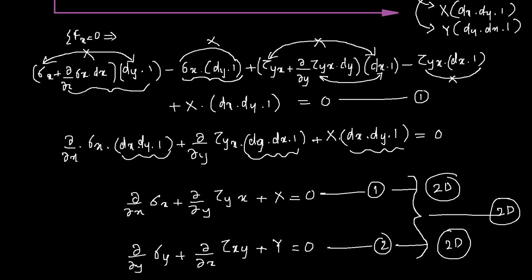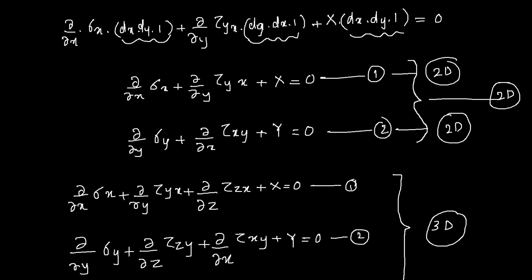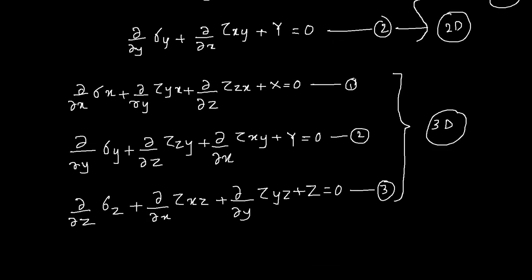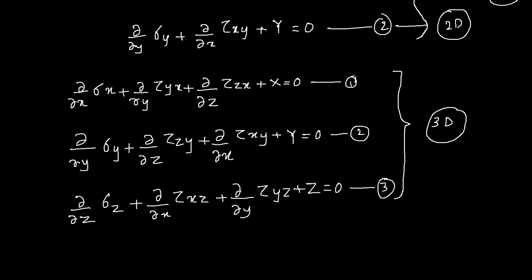And following on from the 2-dimensional cases, we can also write the three-dimensional equations using the same method. You don't have to derive the entire equation, but you can just write it by understanding the positions of x, y, and z.